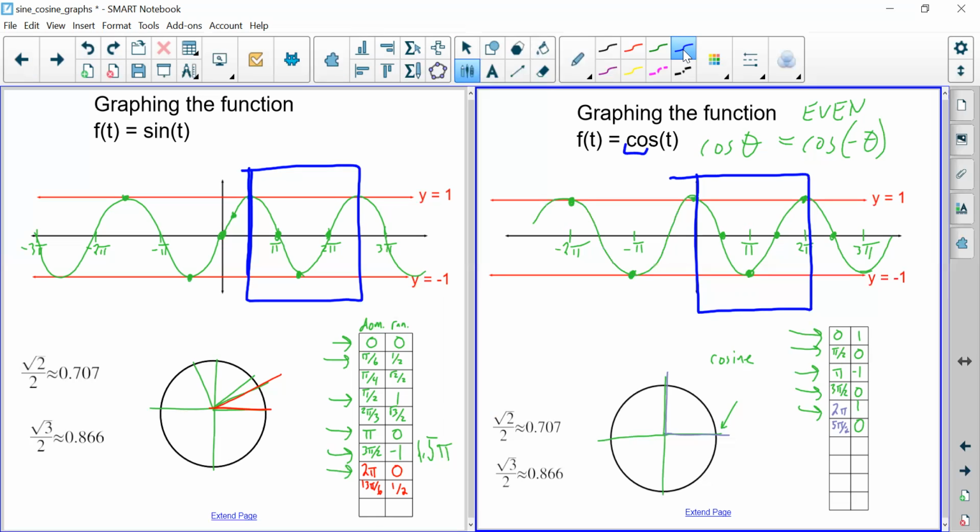So you take the cosine wave and you shift it over 90 degrees, you're going to get the sine wave. And if you take the sine wave and you shift it over 90 degrees, you're going to get the cosine wave. And I'm sorry to use 90 degrees, I should say pi over 2. If you take the cosine or the sine and you shift them over pi over 2, it'll just overlap the other trig function. So cosine and sine are very much related.